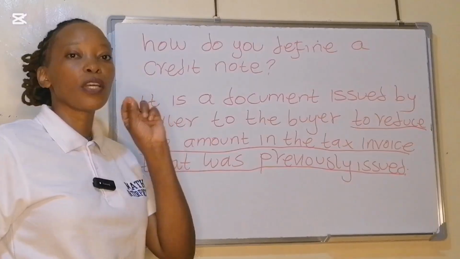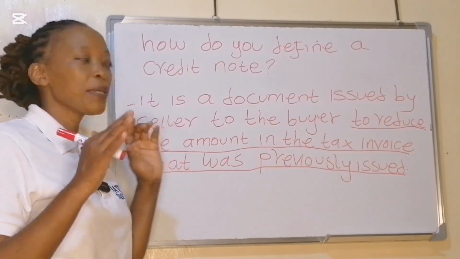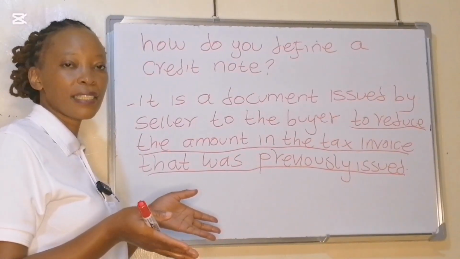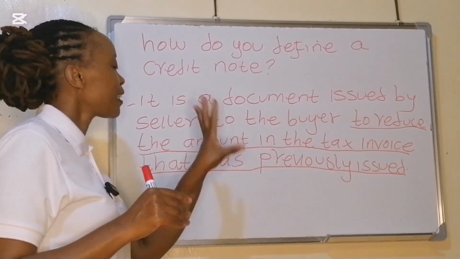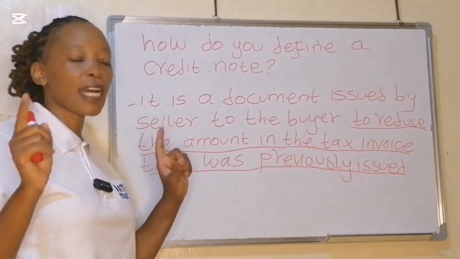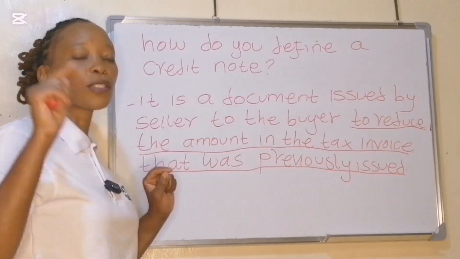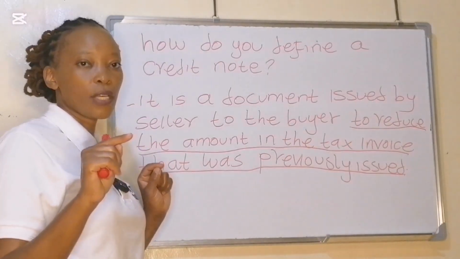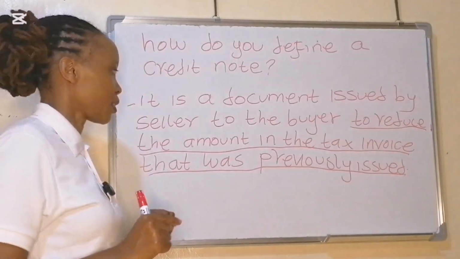This credit note will help you reduce the amount in the invoice. You will send it as a business owner, as the seller, to the buyer, to reduce the amount in the tax invoice you issued previously. You are not going to write another invoice to correct that invoice. You are going to write a credit note to reduce the amount in the tax invoice.